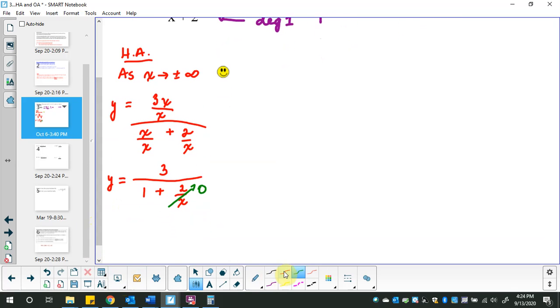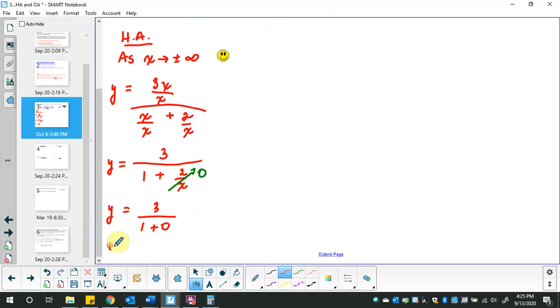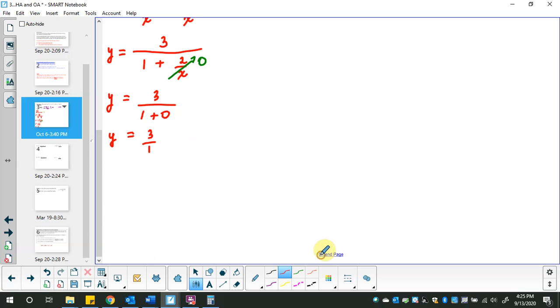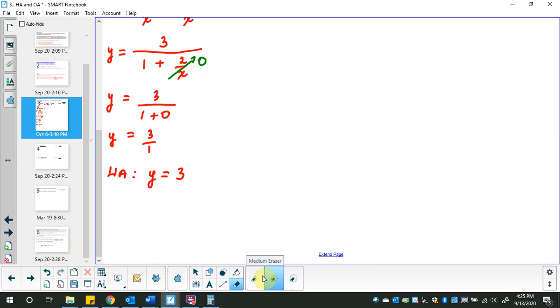So what happens is that you have this, and I'm showing every step of the process, which ends up giving you a horizontal asymptote of y equals 3. It is illegal, mathematically, to say this.